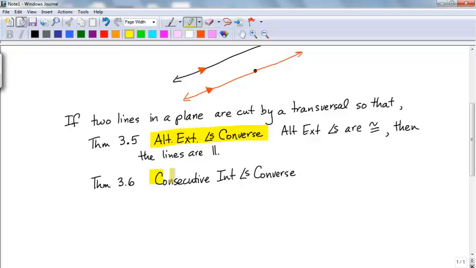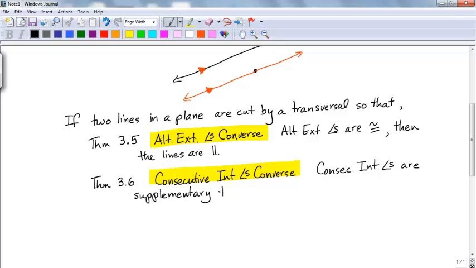The consecutive interior angles converse says if two lines in a plane are cut by a transversal so that consecutive interior angles are supplementary, then the lines are parallel.